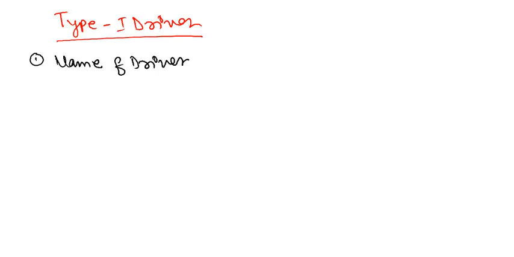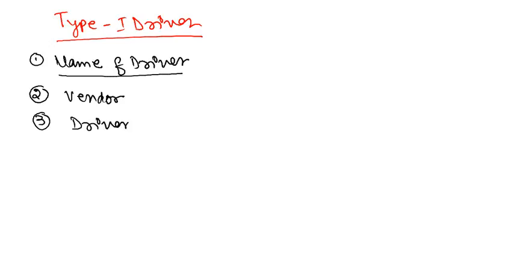The second important point is the vendor of the driver, that is, who has provided this driver. The third important point is the driver class. And the fourth important point is the URL, the most important thing about the driver, as well as the class.